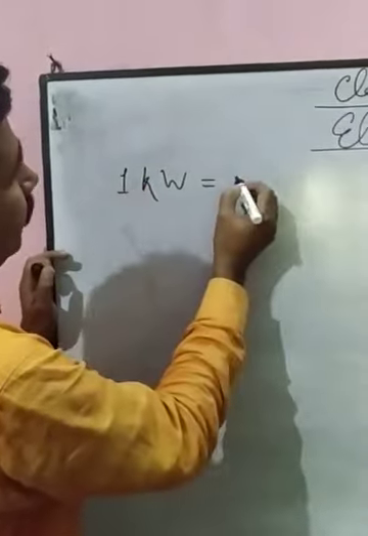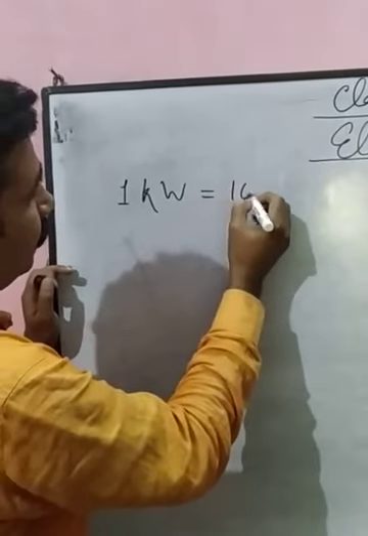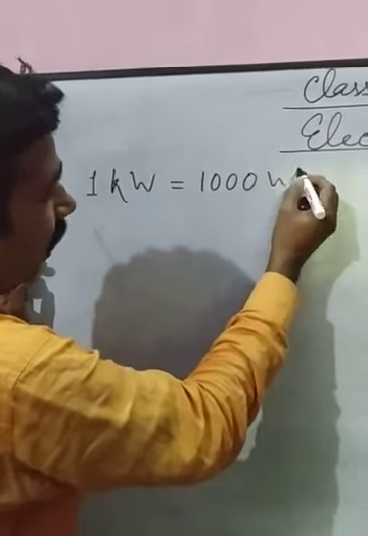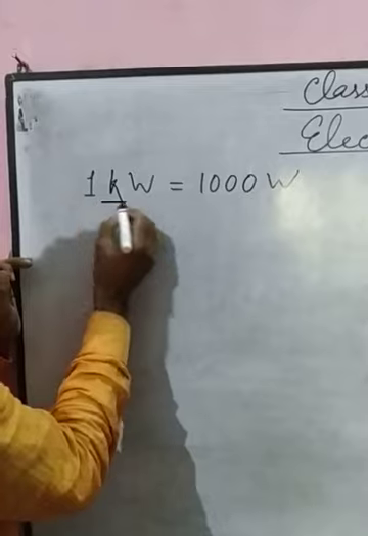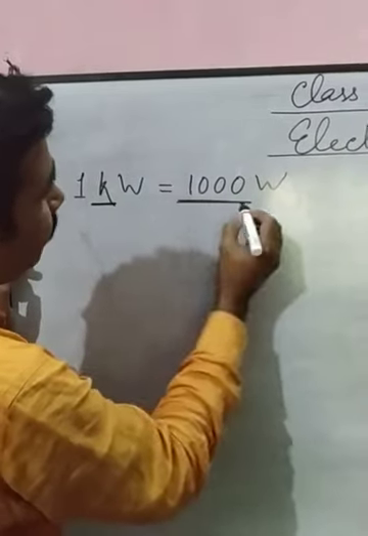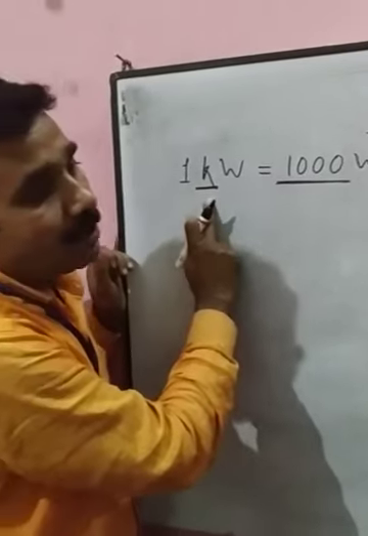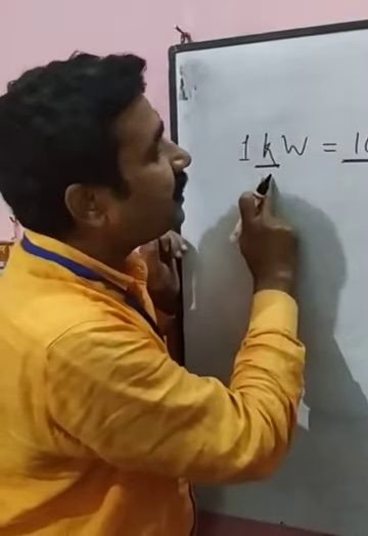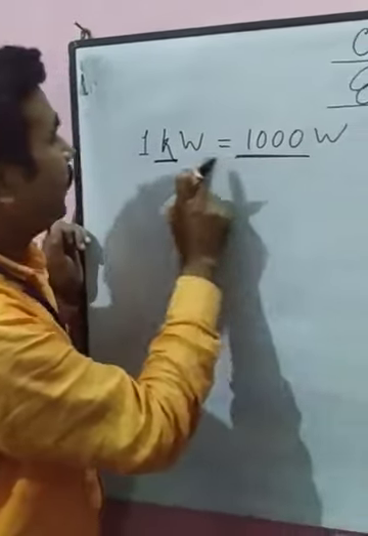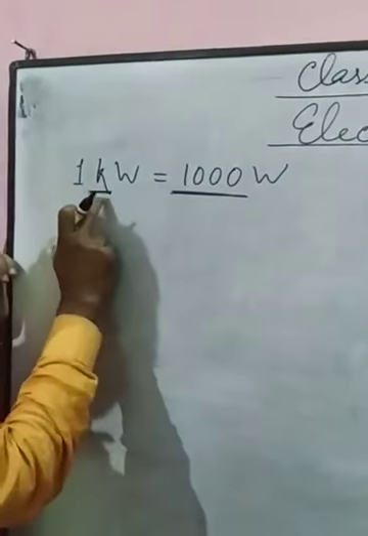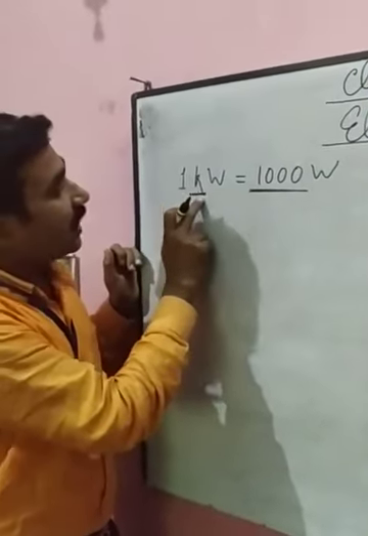One kilowatt is equal to 1000 watt. Kilo means thousand. We have to understand that at every place, if kilo is used, kilo means 1000. Here 1 kilowatt means 1000 watt.